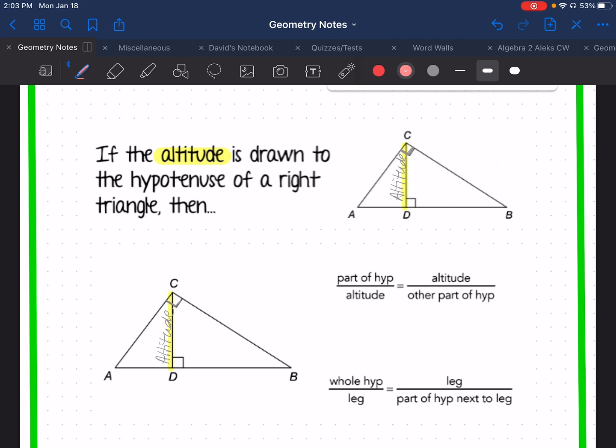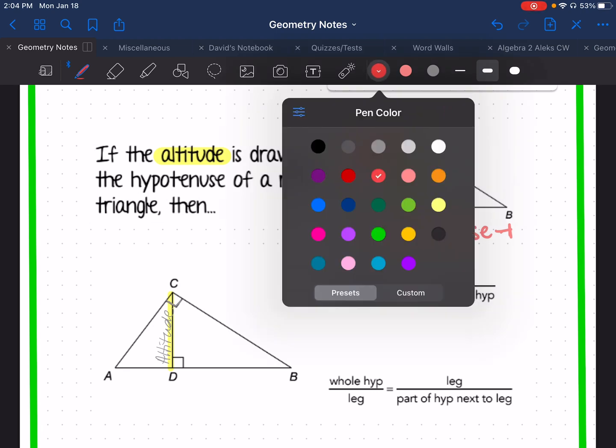So let's go ahead and label that. Here is my hypotenuse, from here at B to here at A. There's my whole hypotenuse. This side from A to C is going to be a leg. And then, of course, on the other side, I have a leg as well.